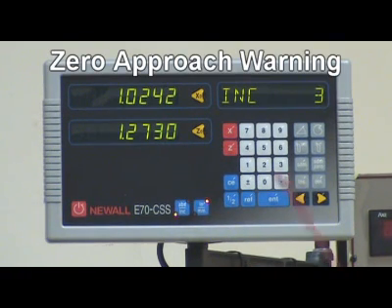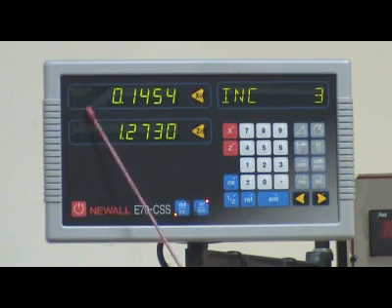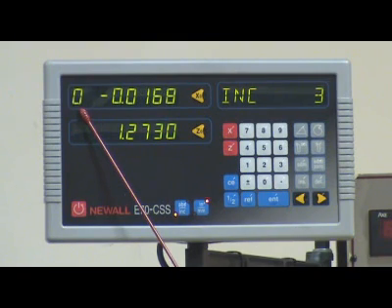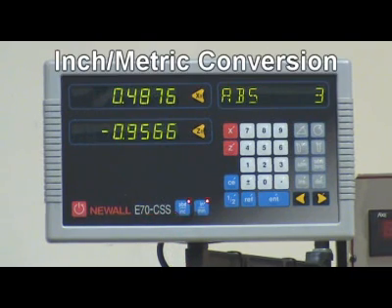Zero approach warning. Inch metric conversion.